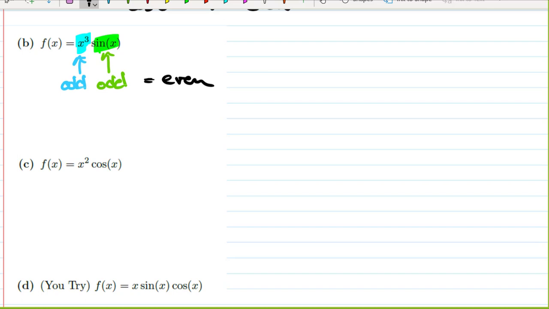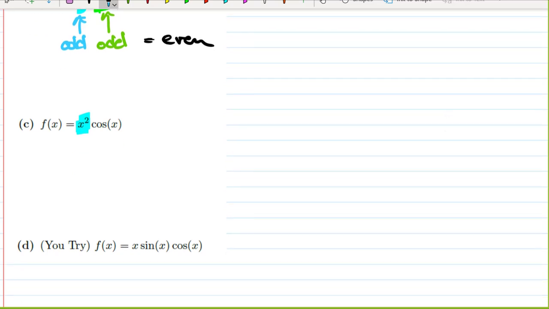So x cubed sine x is going to be an even function. Similarly, we have our x squared, which is going to be an even function, and we have our cosine x, which is going to be an even function. And an even times an even is going to be even.